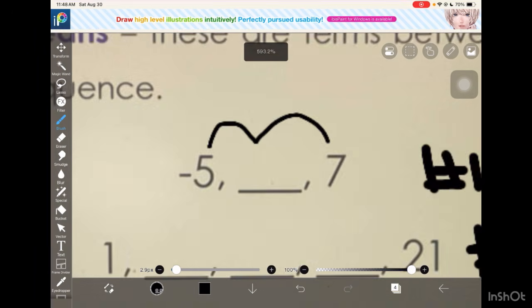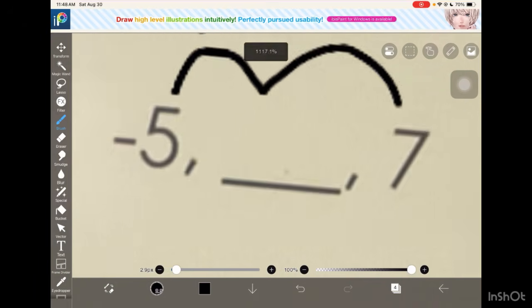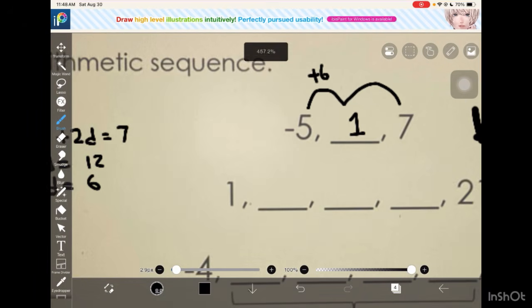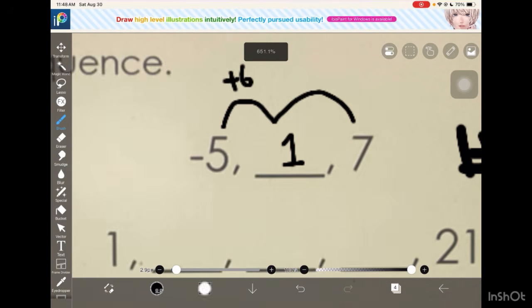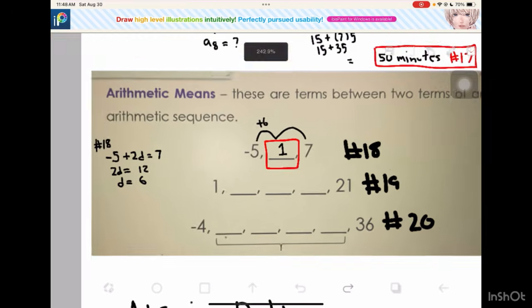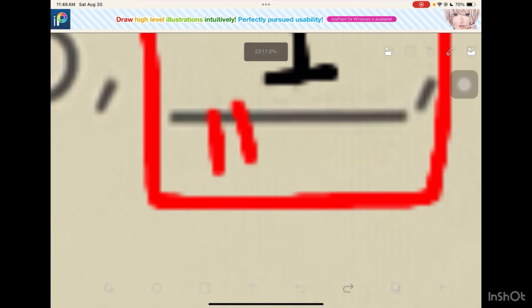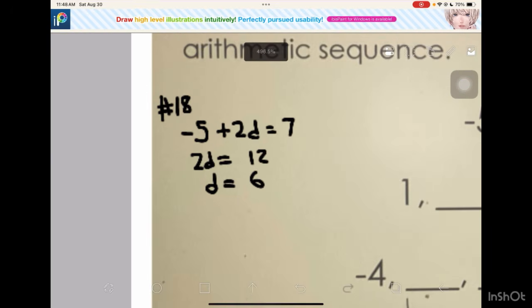So therefore, we have plus 6. So this arithmetic mean is 1. Because negative 5 plus 6 is 1. Then 1 plus 6 is 7. So this is the answer for number 18 solution.